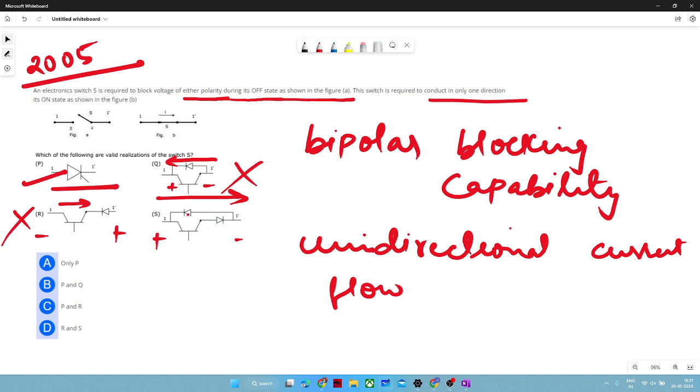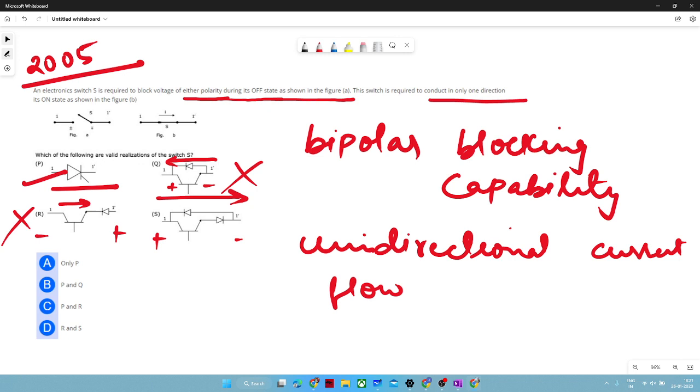But this diode, which is connected in series, will not block, right? So they will not block this polarity, and this anti-parallel diode will enable the switch to conduct in both the directions.